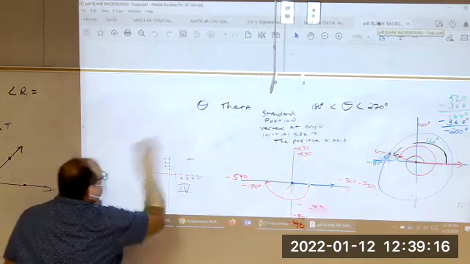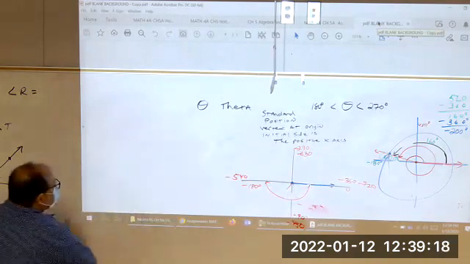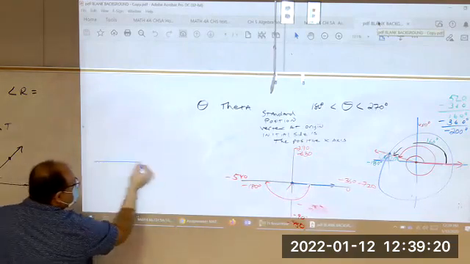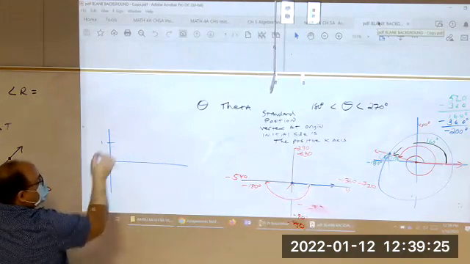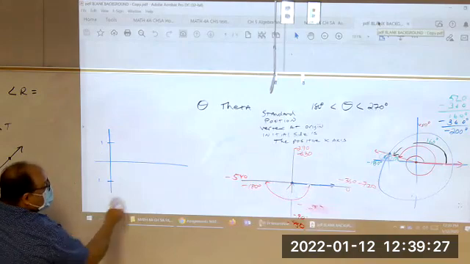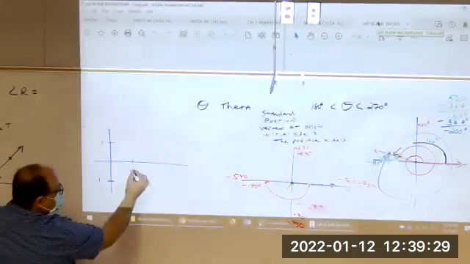when you go to graph, the y-axis is the value of what sine or cosine is equal. So if I make that positive 1 and this negative 1, then this distance would have to be 1 degree.